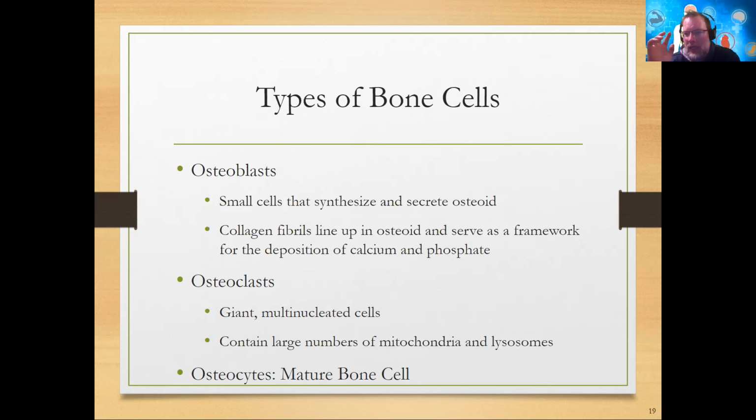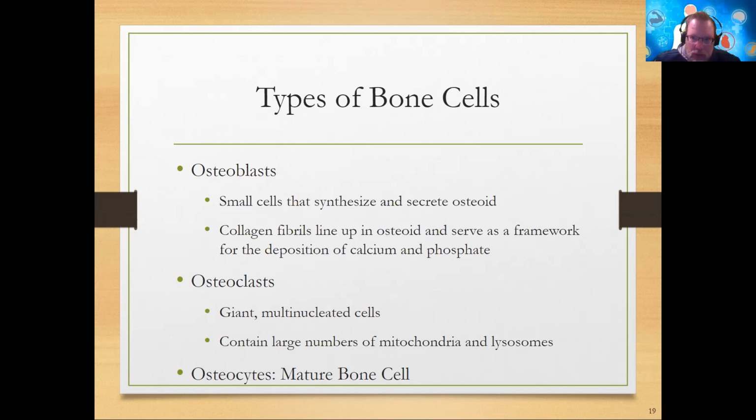So sometimes the blasts get a little overzealous, and the clasts come in right behind them and kind of smooth out the rough edges. So under stress, right, going back to bone spurs, osteoblasts are going to outdo osteoclasts. Okay, so osteoblast activity is more prevalent than osteoclast activity.